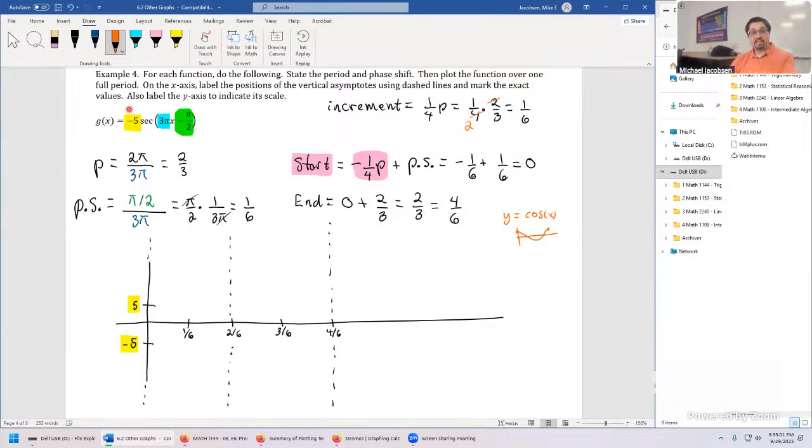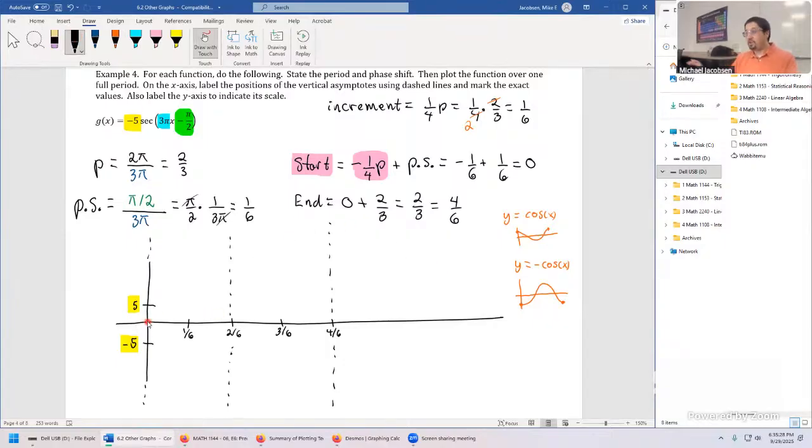But what we're thinking of is a negative cosine x. So the next plot that we want to really focus on would actually start at the minimum, increases to its maximum, then returns down to its minimum. So the negative causes a reflection about the x-axis. And this is the curve we want to pay attention to as we plot.